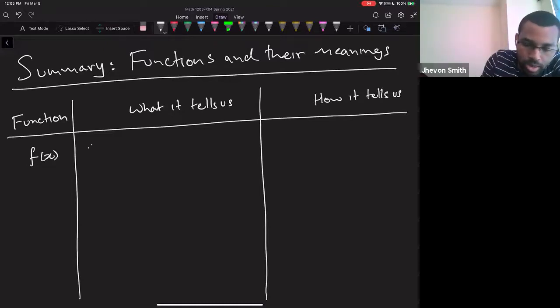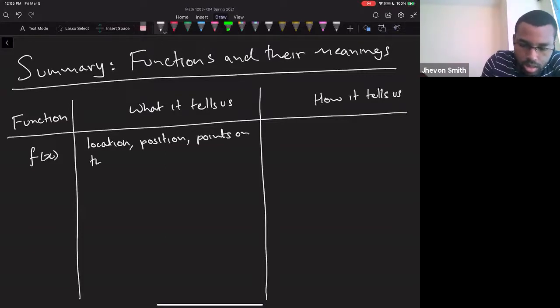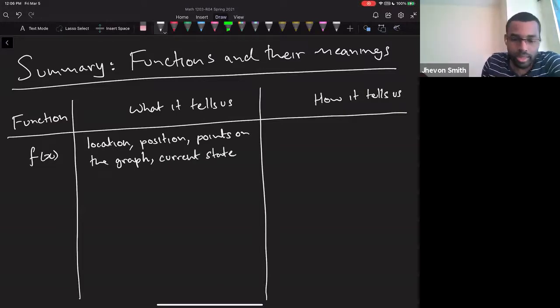What does he tell us about? Well, he tells us about location, position, points on the graph. Right? Current state. Right? That's what that guy tells us, right? How does that tell us? Well, by evaluation.